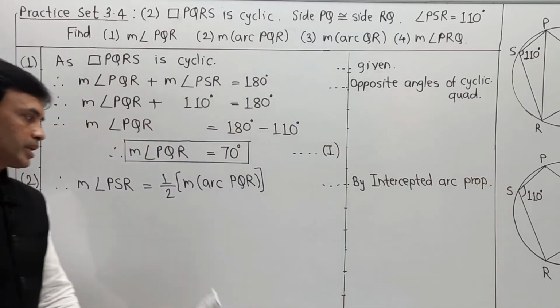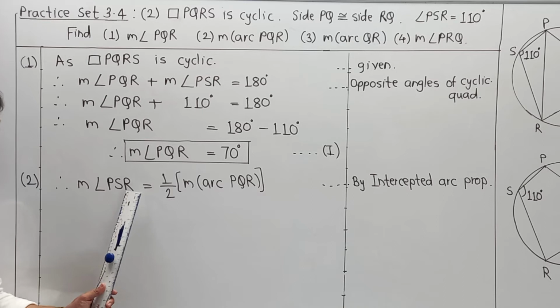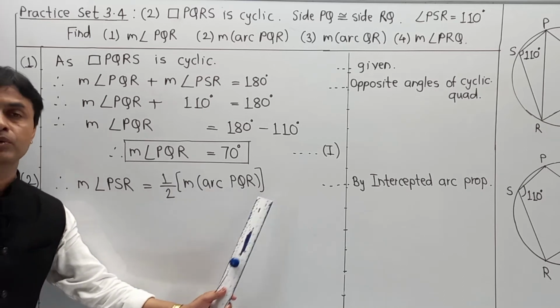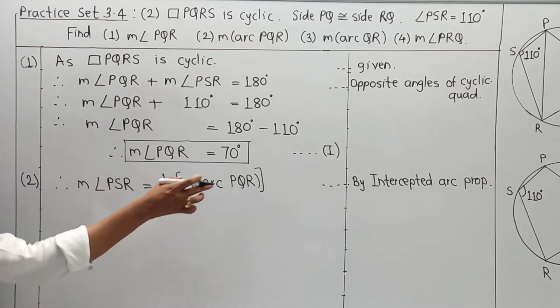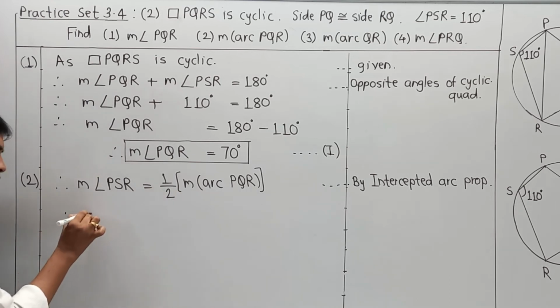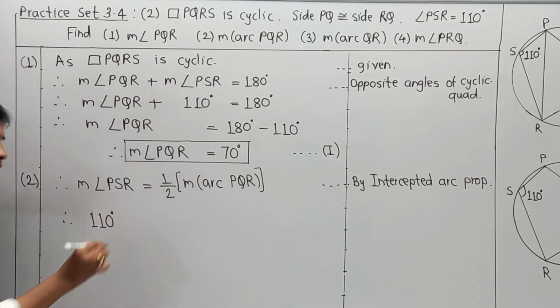Now remember student, they have given the value of PSR and we are supposed to calculate major arc PQR. So the value of PSR as given in the diagram is 110 degrees.